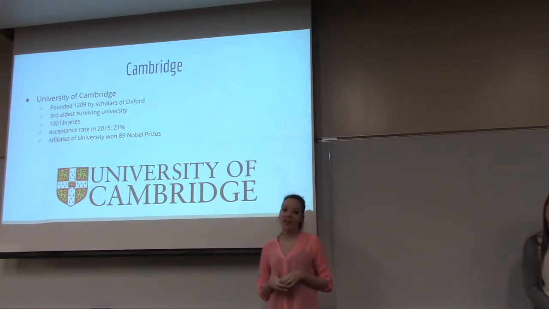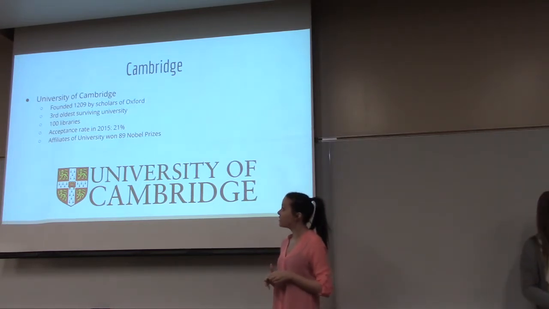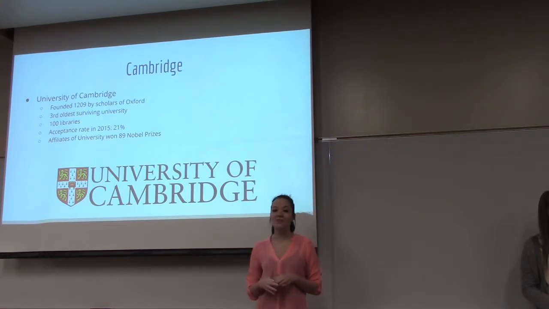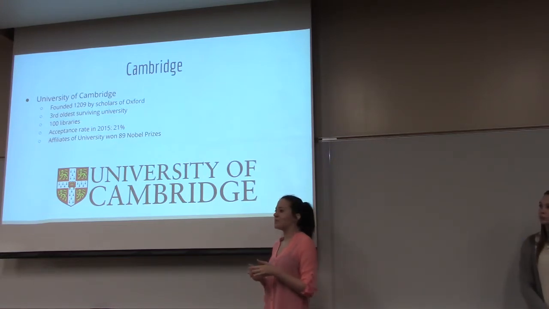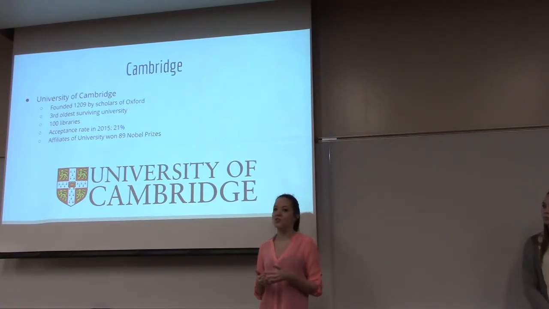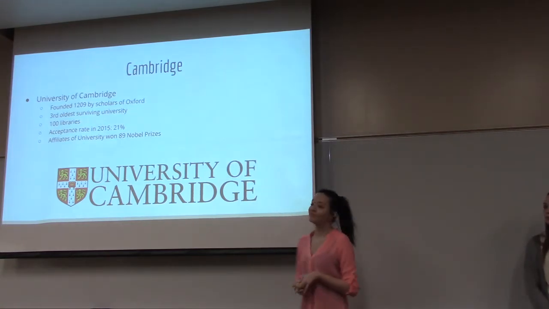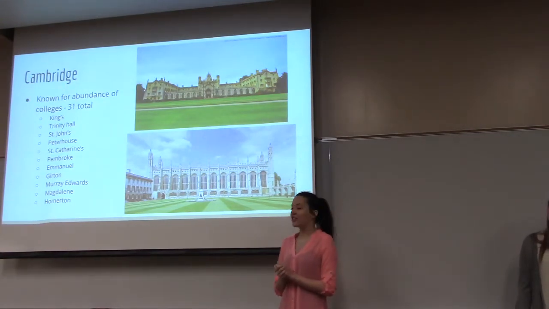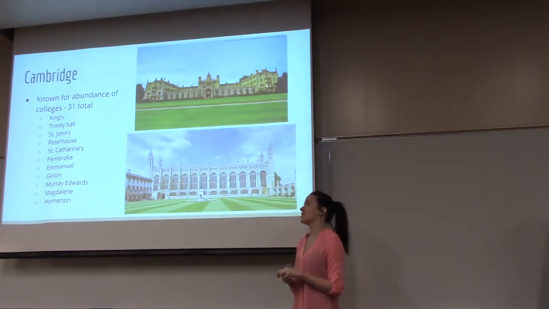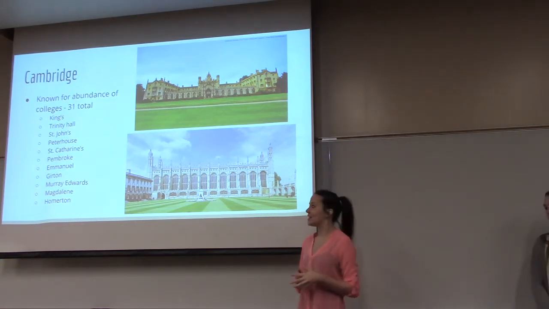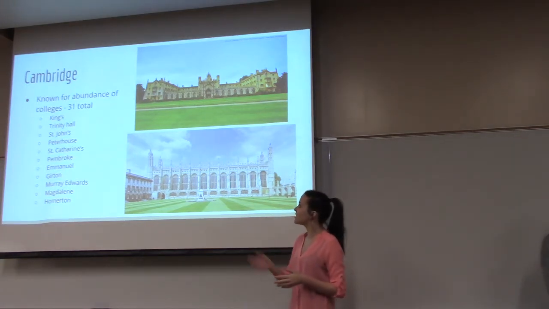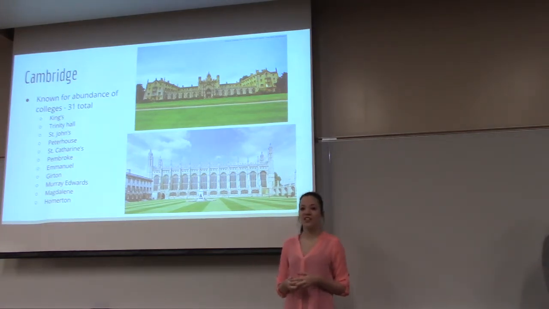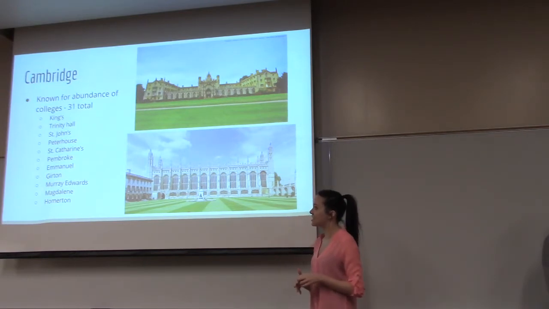They are known for 89 Nobel Prizes affiliated with the university, and the university can actually claim, I think, 58 of those, which is more than Oxford can. They're also known for the 31 colleges, which is a lot, especially compared to Iowa State. So there's a list of some of the colleges that are affiliated with the university, which will be interesting to see.